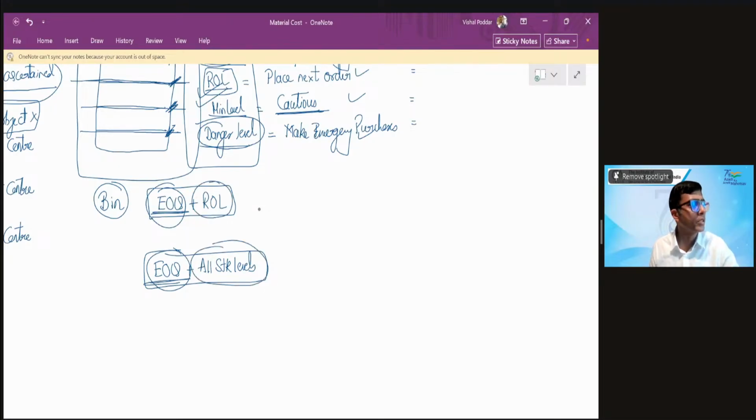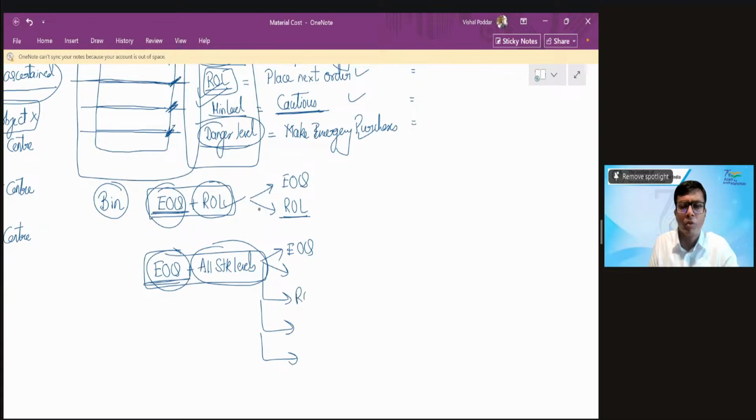The only difference is either it can be one stock level, which is ROL, or it can be all stock levels. Now you'll say, sir, okay, what is the difference between EOQ with only ROL and EOQ with all stock levels? The difference is in this sum, one, you calculate EOQ as per whatever we have studied till now, and then you calculate ROL. In the second, you calculate EOQ, and then you calculate all the stock levels.